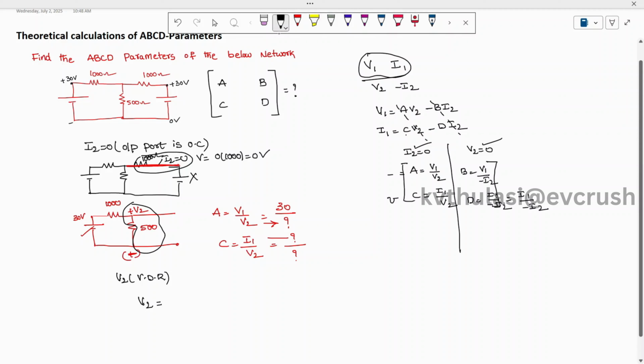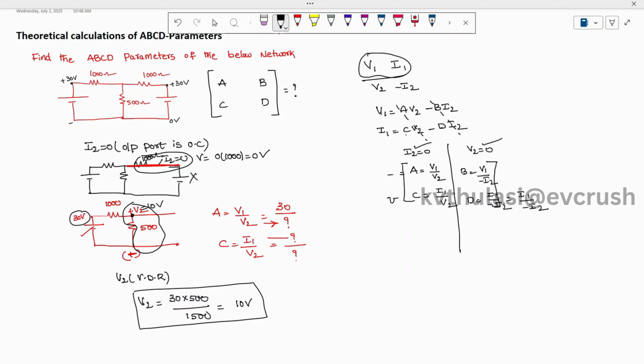V2 is equal to the total source voltage, 30, into 500 divided by the sum of the resistors connected in series, 1000 plus 500, which is 1500. Therefore, V2 is 10 volts. So the voltage at this point is 10 volts.